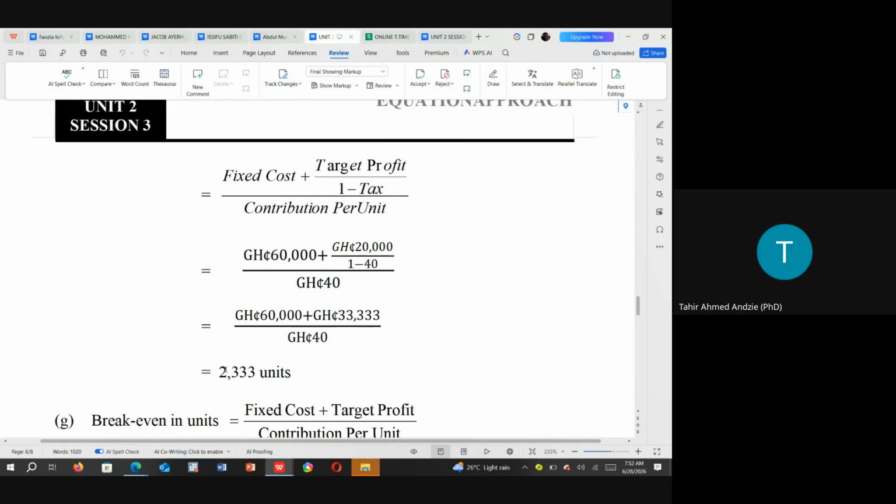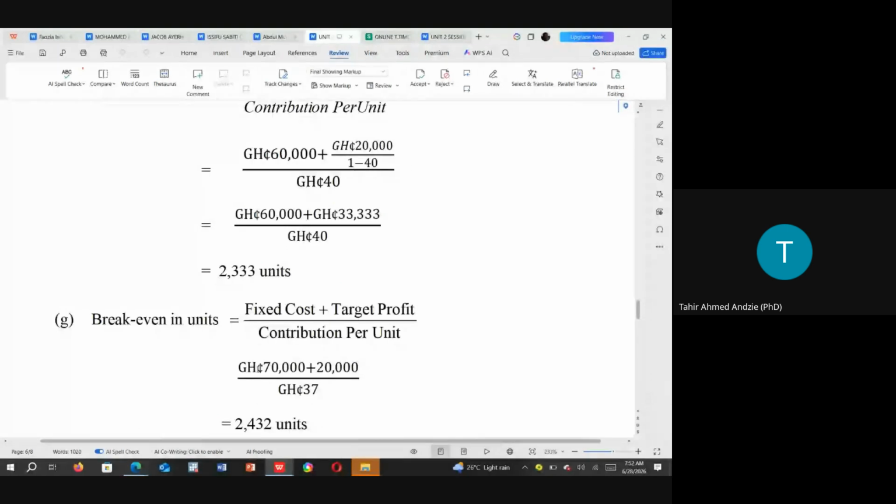after tax of 20,000. So because of the tax element, we need to sell more. We sell 2,000 to make the 20,000 profit, but now that we are talking of profit after tax, the units are higher.